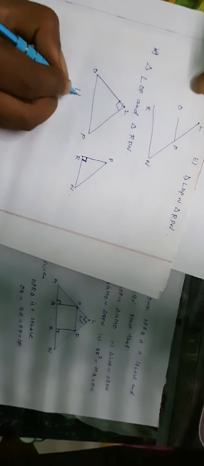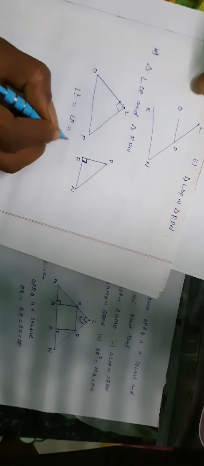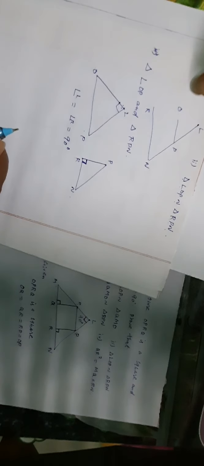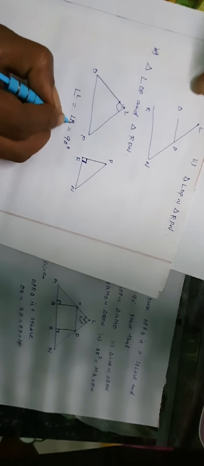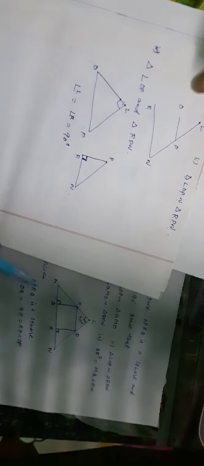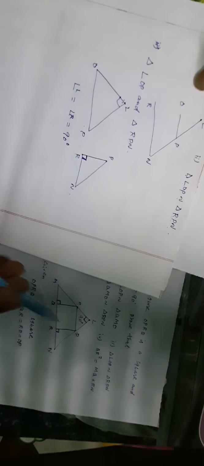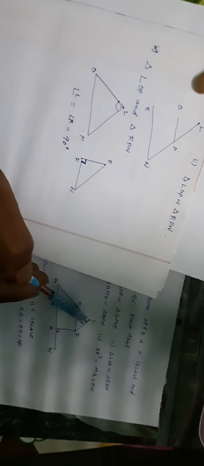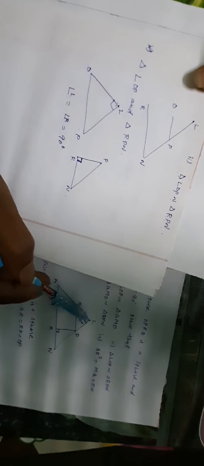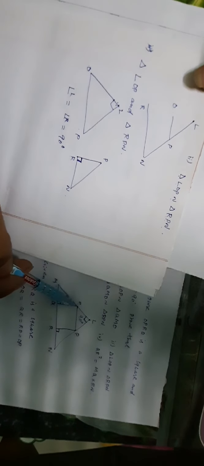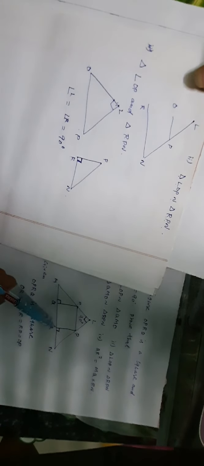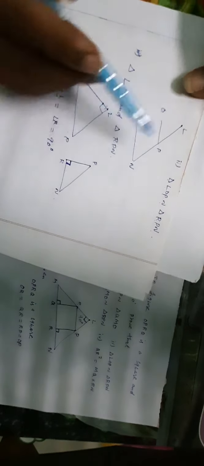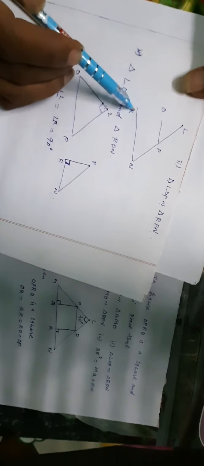So first, angle L is equal to angle R, equal to 90 degrees. Next, I can use the same method. I can take this from the diagram, LPO and RNR.